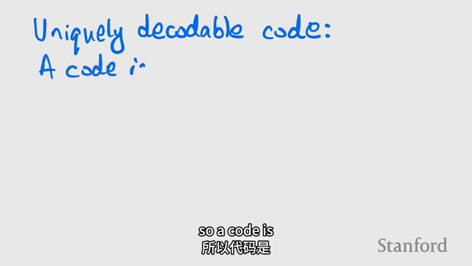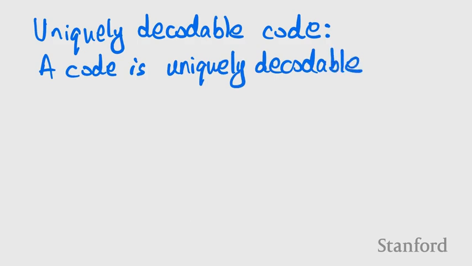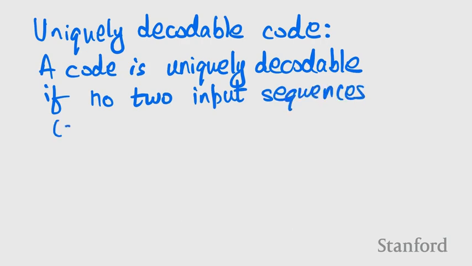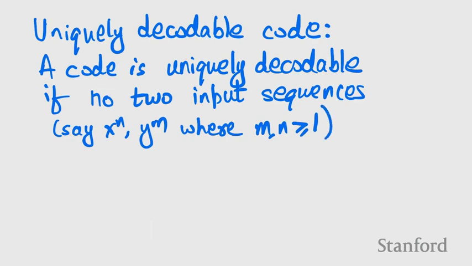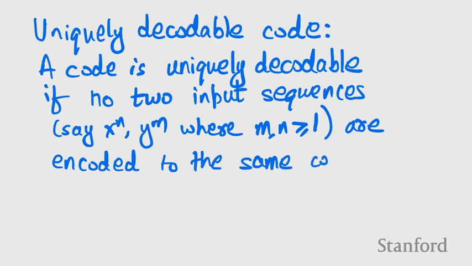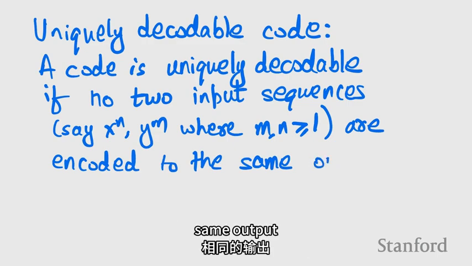A code is uniquely decodable if no two input sequences, say x^n and y^m, where m and n are greater than or equal to 1, are encoded to the same output.